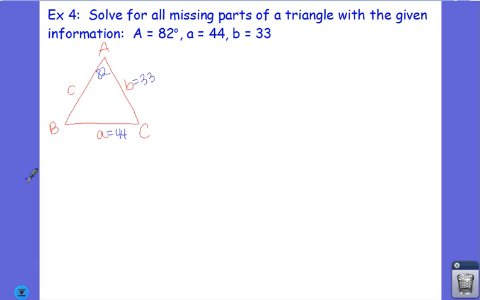So we're going to go straight to the law of sines. Do we have a pair? Yes, we do. We have A and a. So we're definitely using the A parts. So the sine of A over a. Who's the only other letter we know? Well, it's b. So we're going to use the sine of B over b.